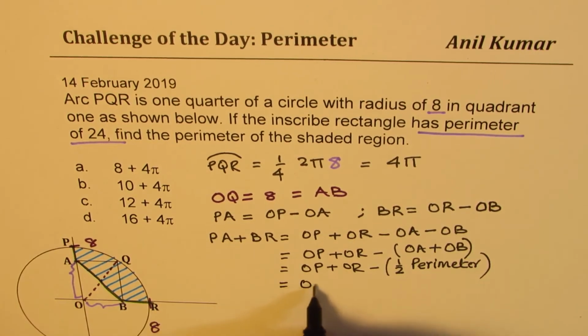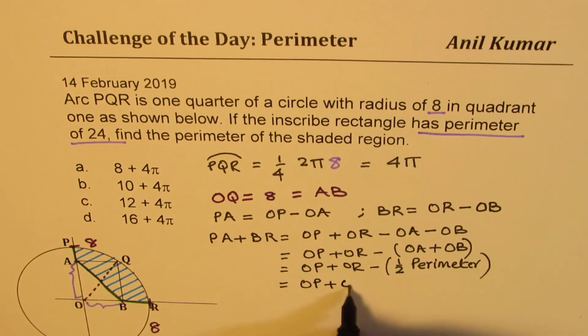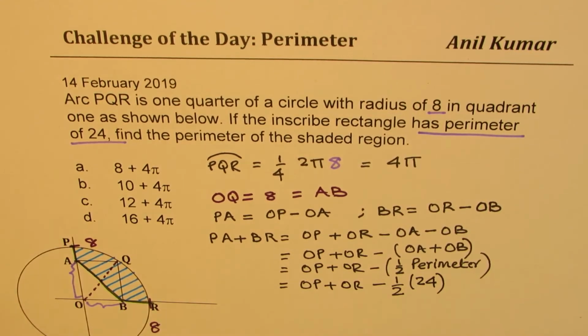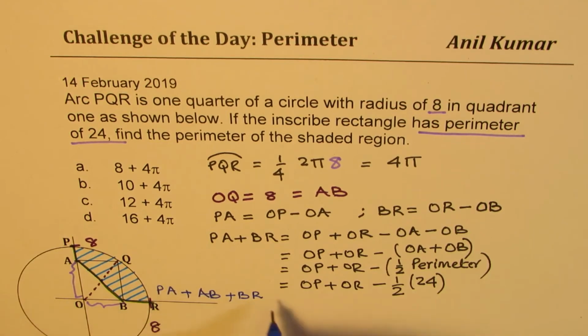So now we could write the answer. We have OP plus OR minus half, perimeter is 24. Now I think you get all the components, add them up, and you get your solution. Is that clear? Right. So let's write down PA plus AB plus BR, plus the arc, which is PQR.